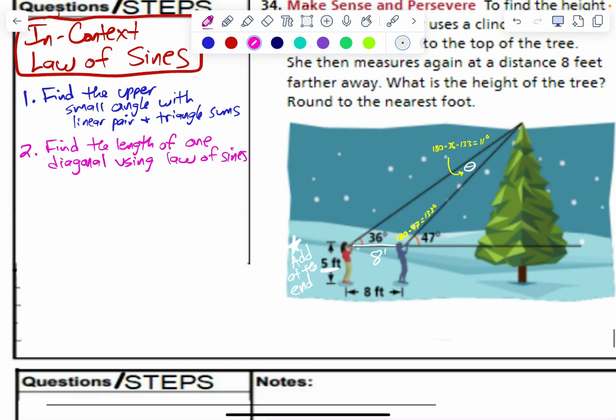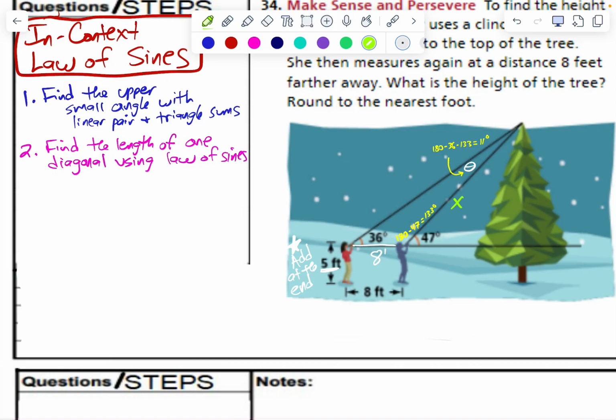In this case, which one do you want to find? It actually doesn't matter. Do you want the shorter one or the longer one? I usually do the shorter one, because it's using this angle that we measured instead of this angle that we calculated. So I would use the shorter length myself, but you don't have to. Are we good on that?